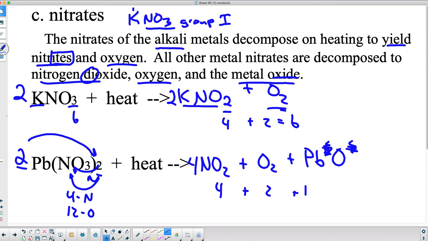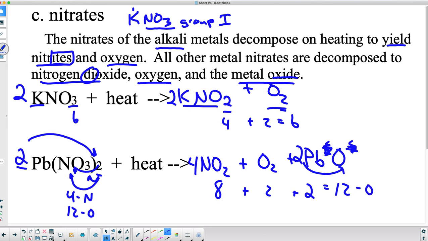That will give me 8 oxygens. I need to put a 2 in front of here to get 2 leads. That gives me 2 oxygens here because 2 times 1 gives me 2 oxygens. So now I have 8 plus 2 equals 10 oxygens.